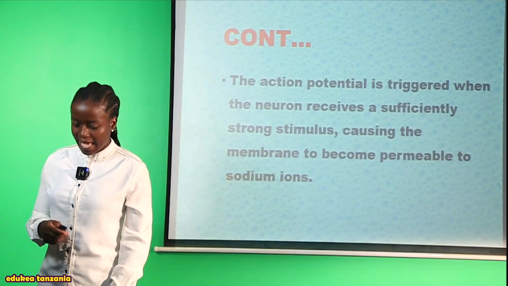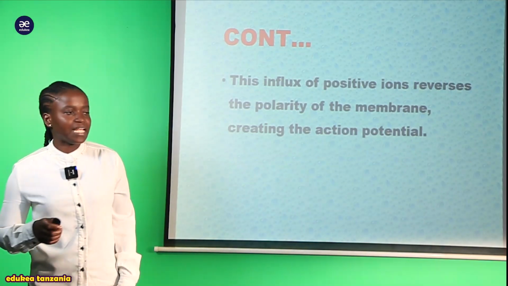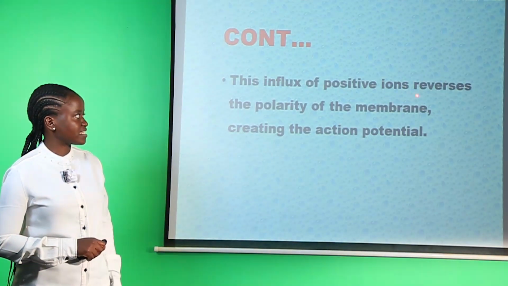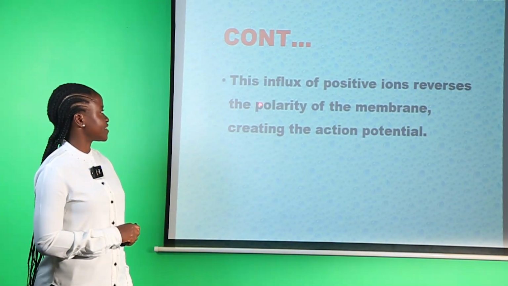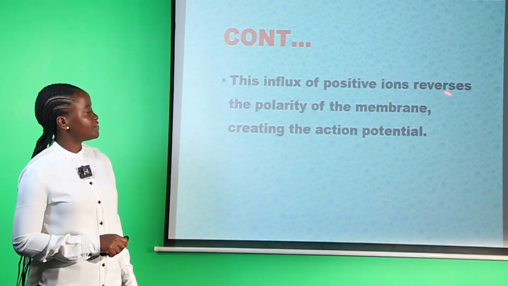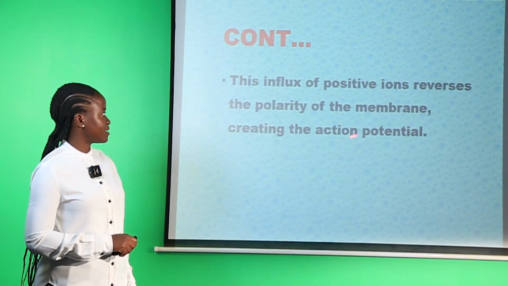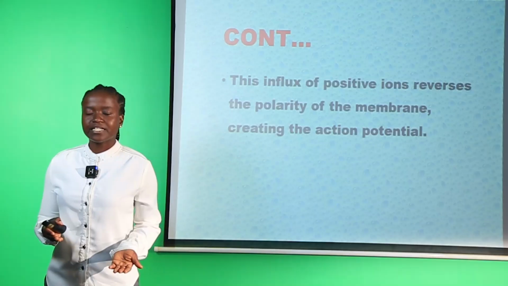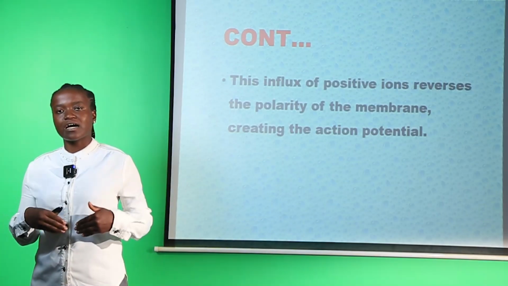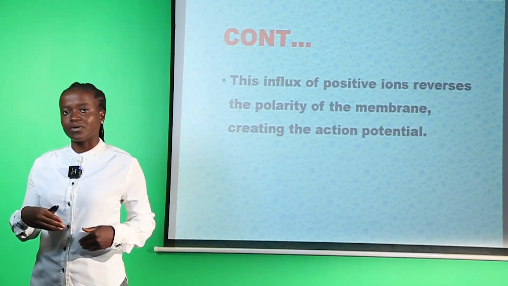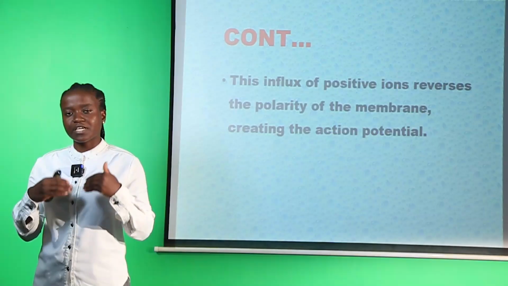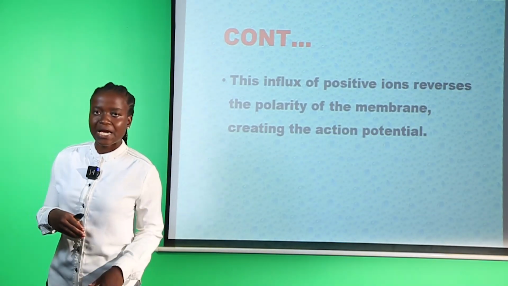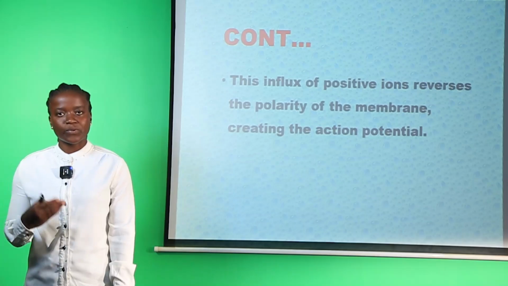Hiyo ndio tunaita action potential. Generally, finally we can say that this influx of the positive ions reverses the polarity of the membrane, causing the action potential. So hile ions kuingia through the neurons ndio ambayo ina bring about the action potential.